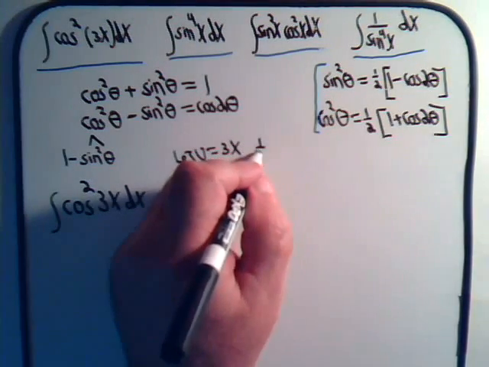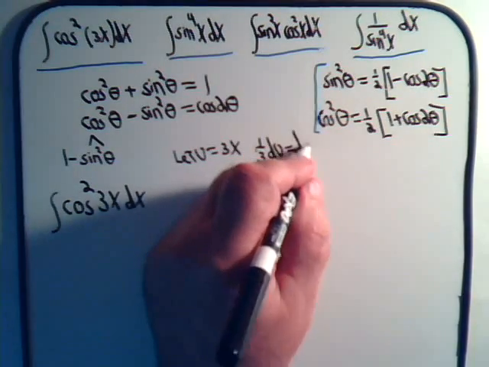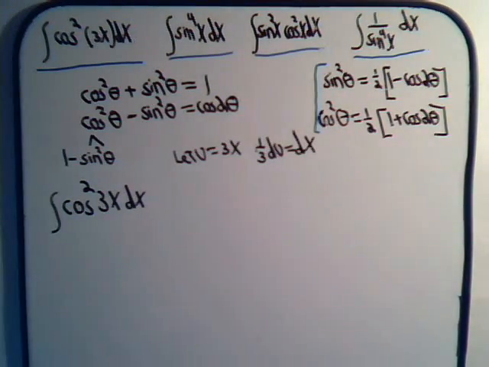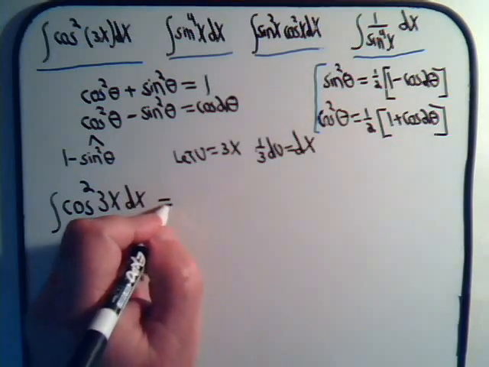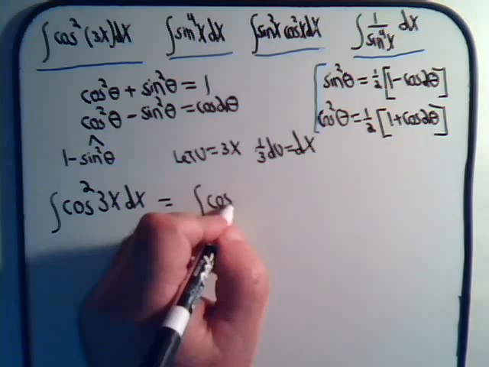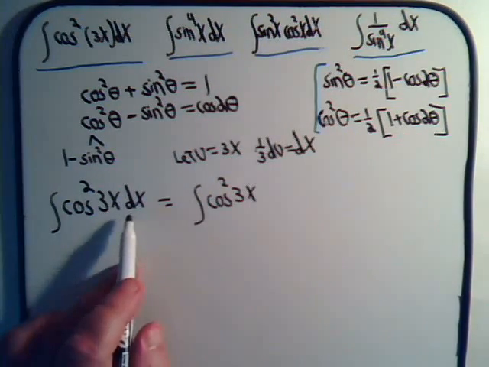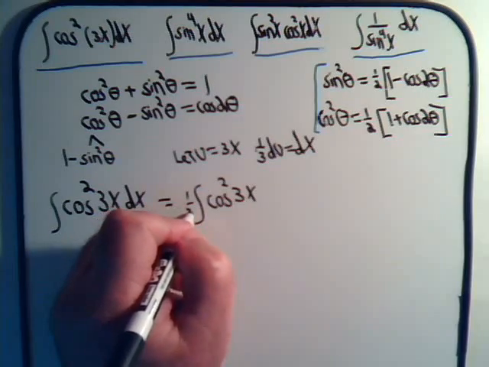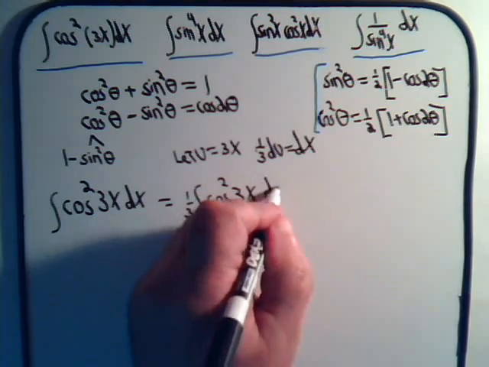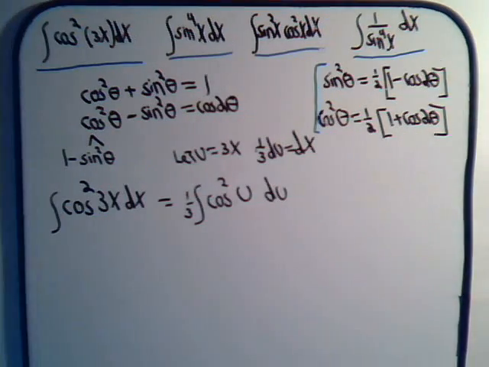So 1/3 of du will equal dx. So this will become equal to the integral of cosine squared of 3 times x, and dx, that's 1/3 du, except we don't want 3x, we want u, like this.